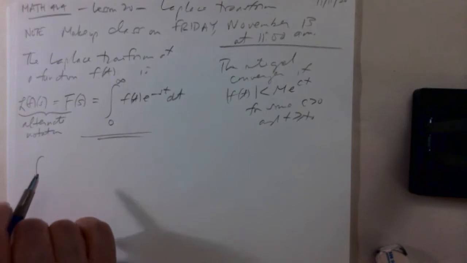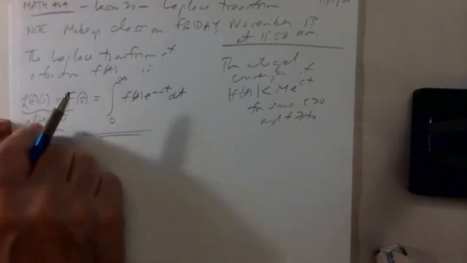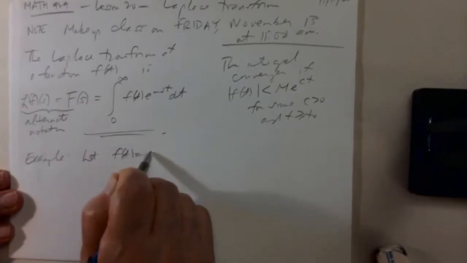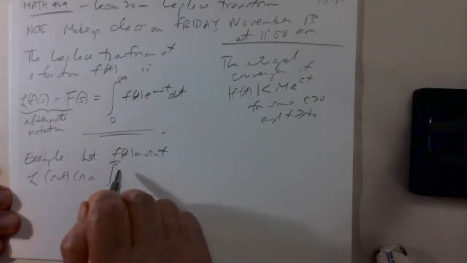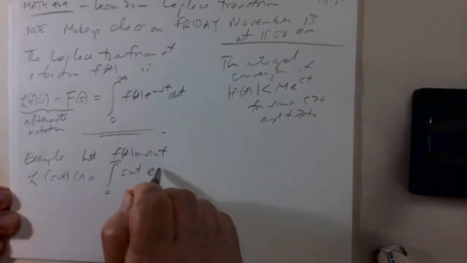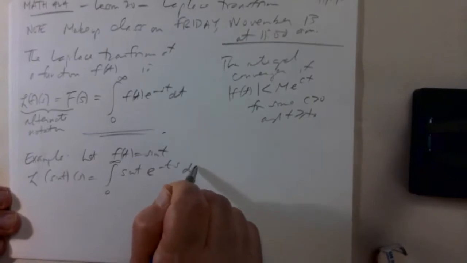Let's calculate the Laplace transform of the sine function. So example, suppose we let f of t be the sine of t. So the Laplace transform of the sine of t is the integral from 0 to infinity sine t e to the minus ts dt.